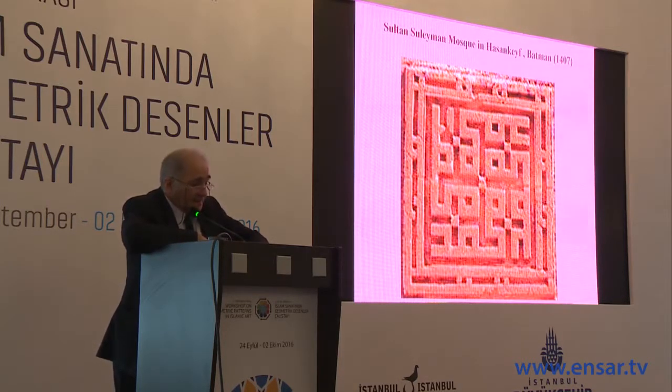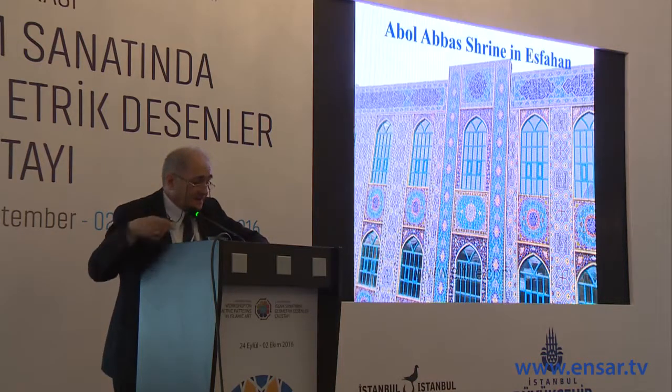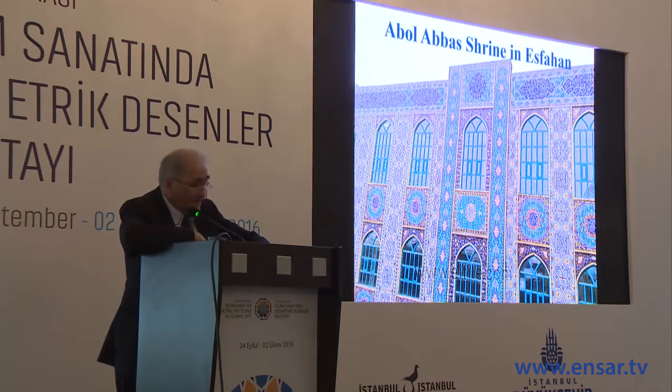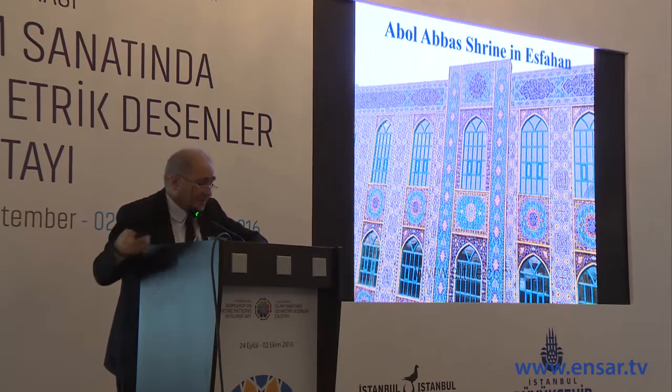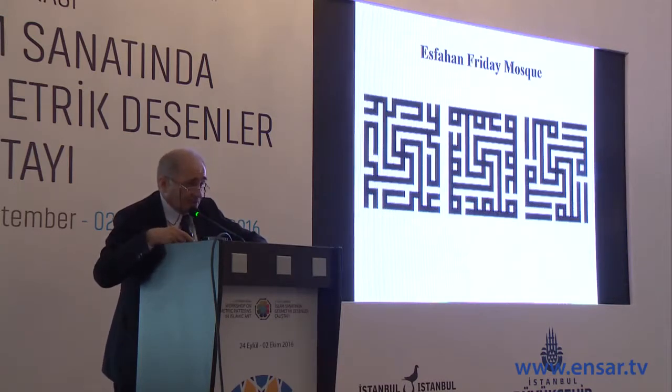In the middle of the 4 symmetrical Allah, Muhammad and Ali pattern, which is on Abul Abbas shrine in Isfahan, the swastika can be seen openly. This type of 3 name and squared patterns with swastika decorate Isfahan Bridal Mosque also, you see.